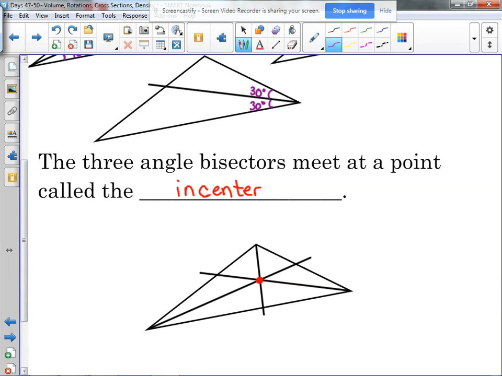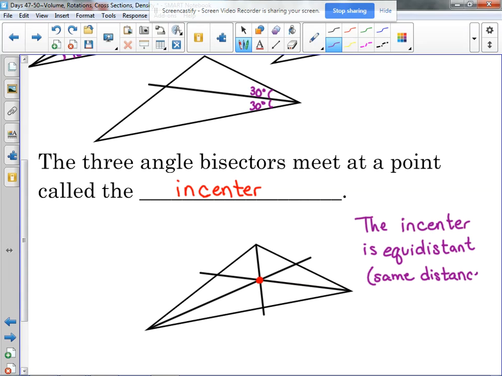Now, here is the special property of the incenter. The incenter is what we call in the geometry world equidistant. That's just a fancy way of saying that it's the same distance. Break down the word. If you don't know what it means, break it down.